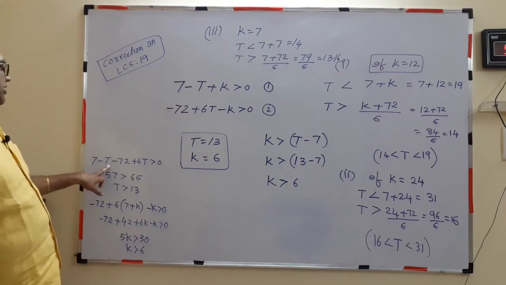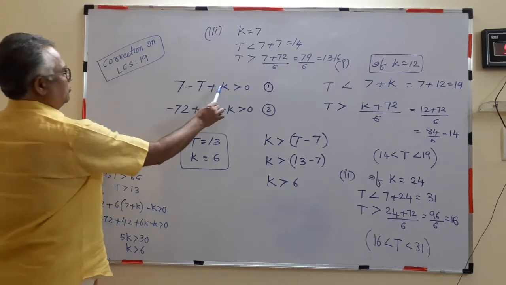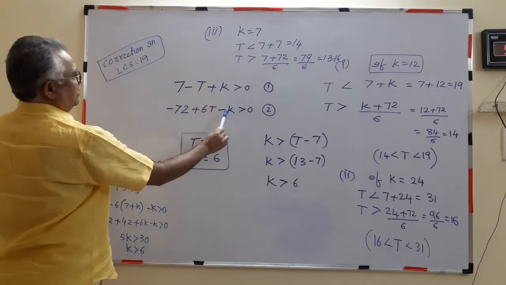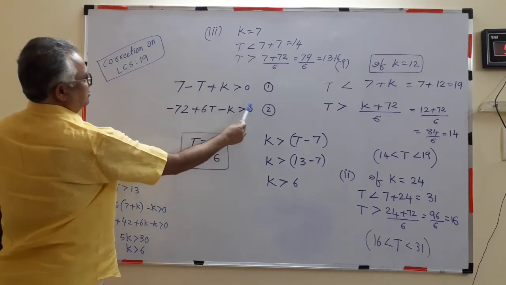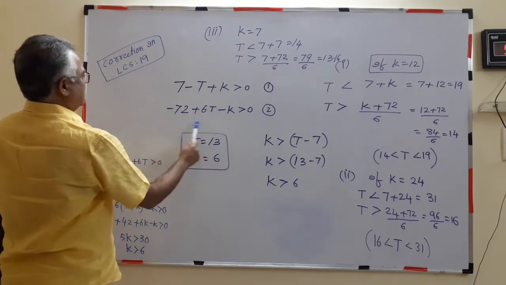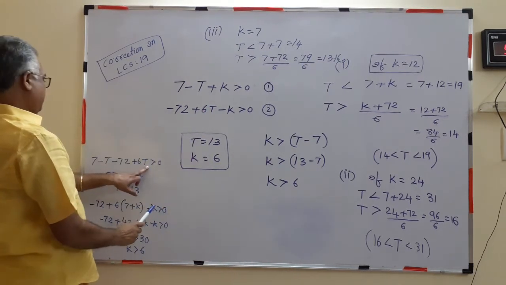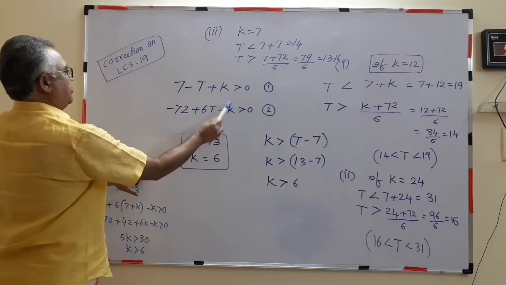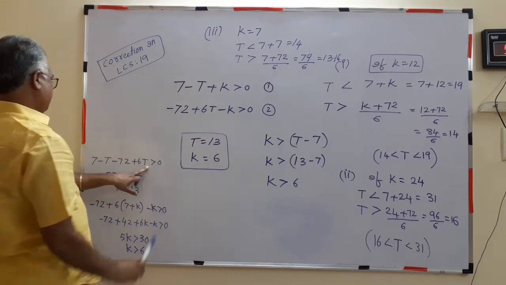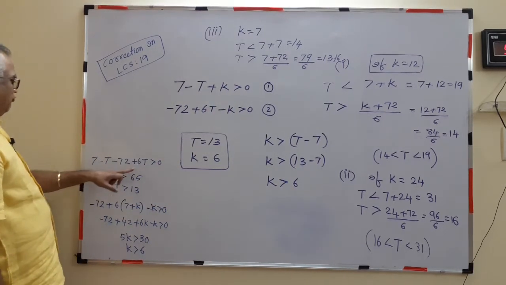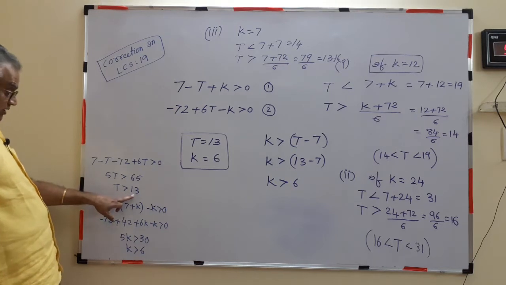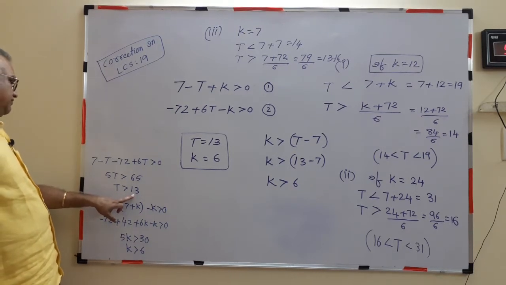7 minus t, now k. This k, if it is going this side, what is coming is this: minus 72 plus 6t. This k I am substituting here, greater than 0. So solve for t, you are getting t greater than 13.